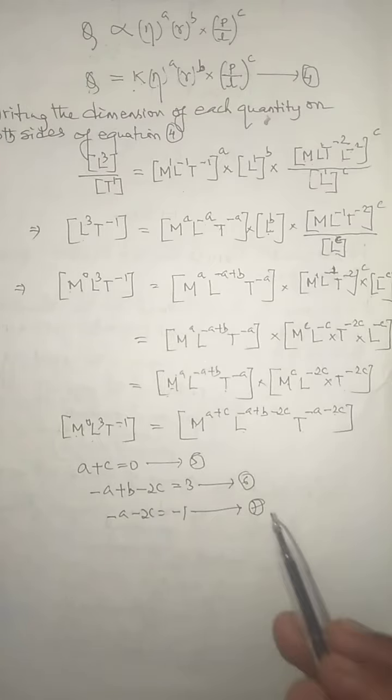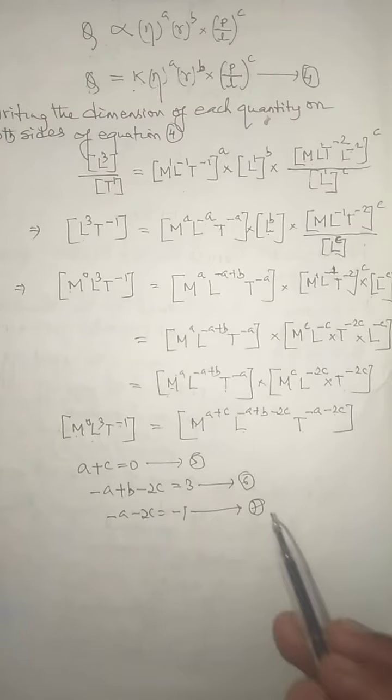Now minus minus is plus C, minus 2C means minus C, equals minus 1. So this minus minus cancels out, and finally we can see C equals 1.